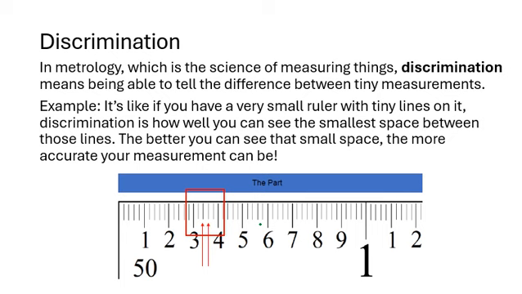So just telling you how fine a measurement can be observed directly on the scale. Degree of precision and discrimination are kind of related, but they're not exactly the same. Degree of precision, on the other hand, refers to how consistently an instrument can give the same measurement under the same condition, of course.